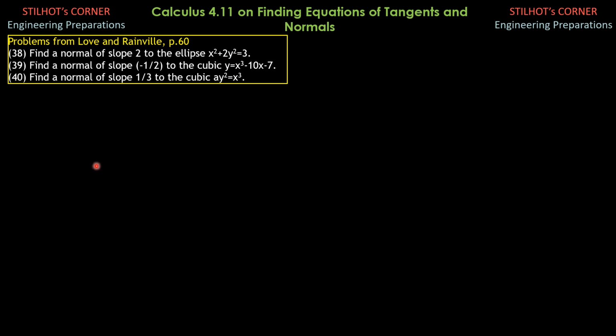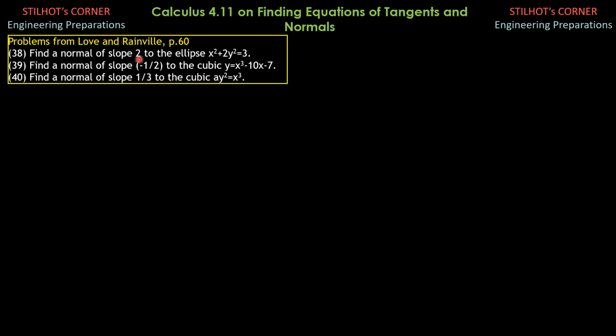But in this problem, I will not do it. But you can do it as long as you know how to sketch the graph of this ellipse so that you can see the equation of the normals or normal to the ellipse.